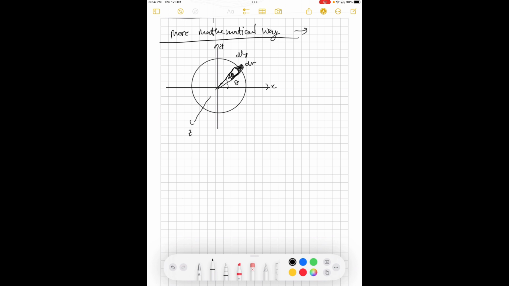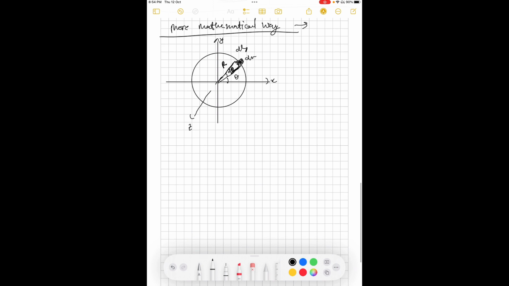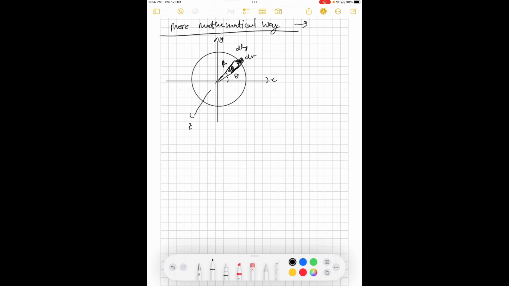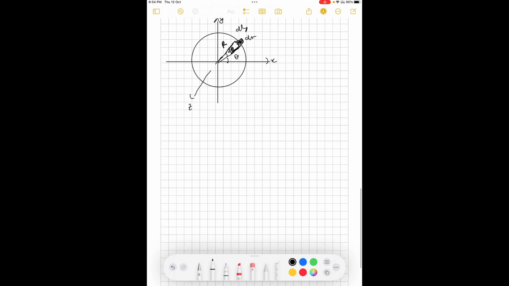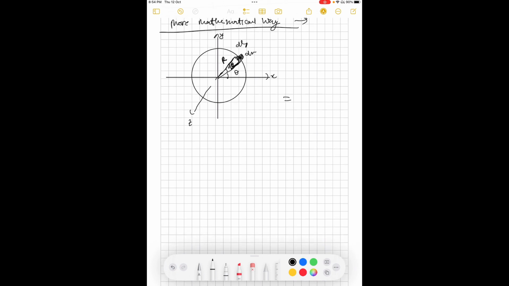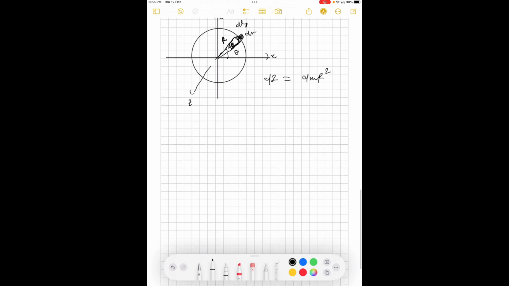It is projecting an angle of d theta, and the distance of this mass dm is r. So that's our construction. So the moment of inertia for this dm will be dm r square. Same definition I've used.